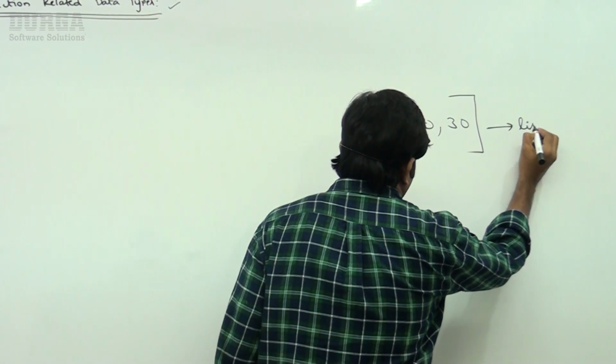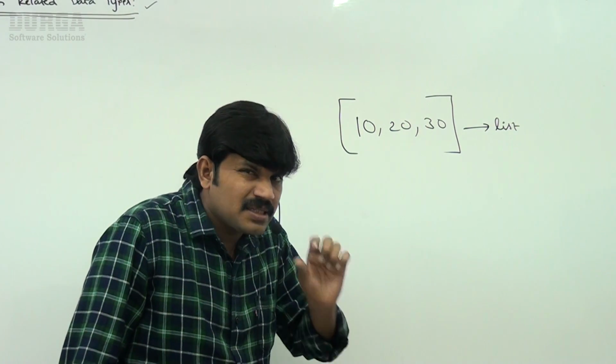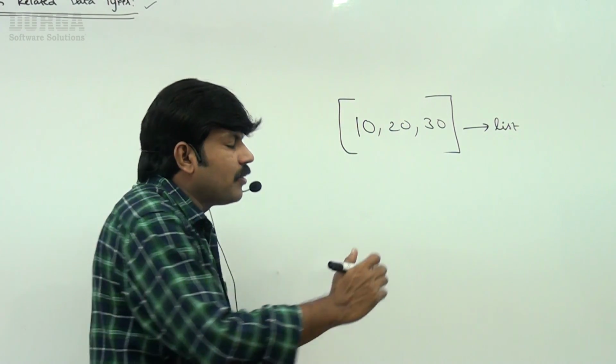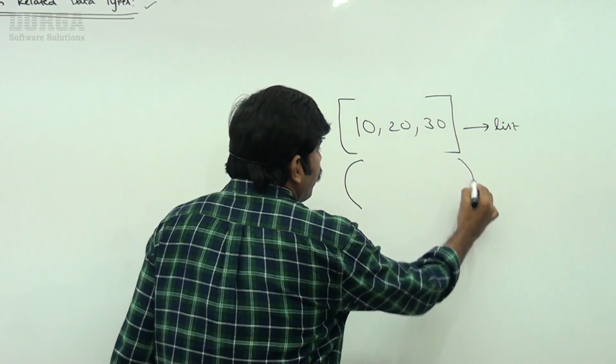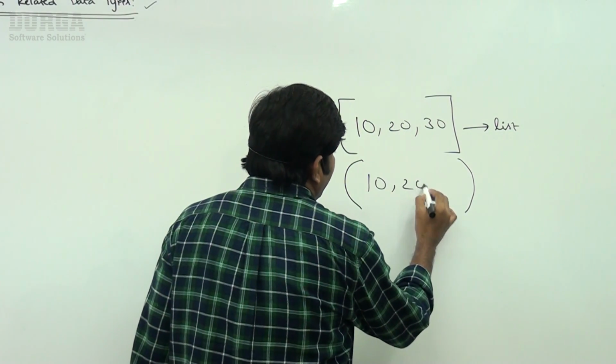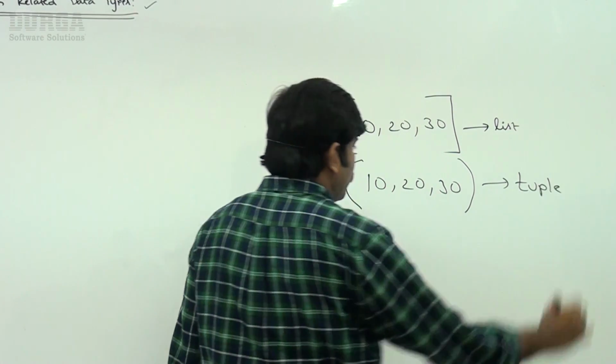Of course, I will explain the properties later. Don't worry, sir. I am just giving this basic idea at the beginning only. If you want to go for tuple, then we have to go for parentheses. 10, 20, 30 by default is considered a tuple, sir.